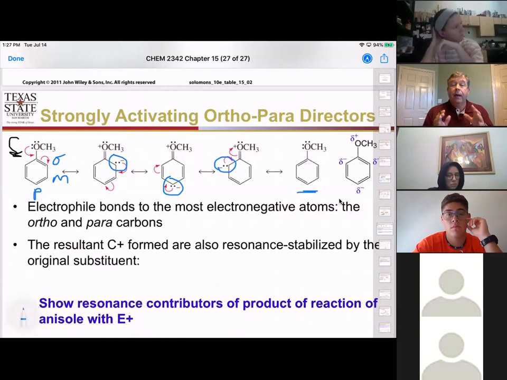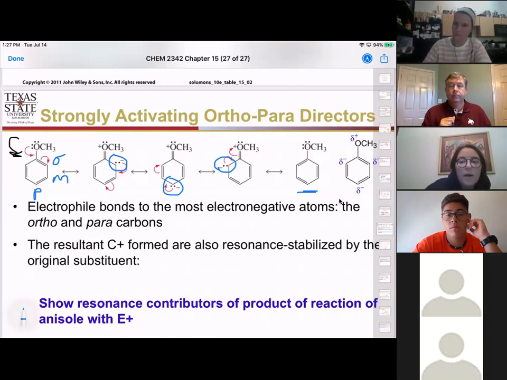So what that means is that there is slightly more negative charge on the ortho and para positions through resonance than there is on the meta positions. And because that partial negative charge makes it easier to reach out and grab that electrophile, that's why it is an ortho-para director. Does that make sense? This is really important because it tells us how it works and why it works.